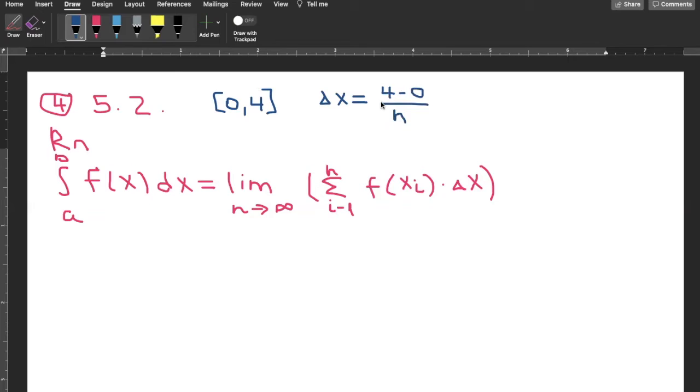So those are the two endpoints of the interval, and then we just divide it by n. And x sub i then would be just delta x times i.